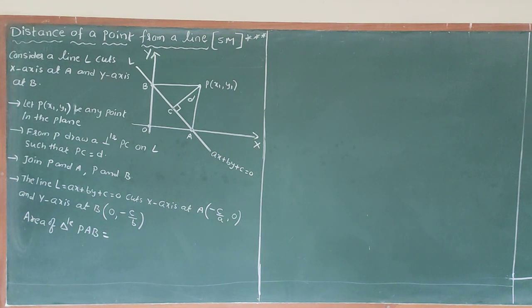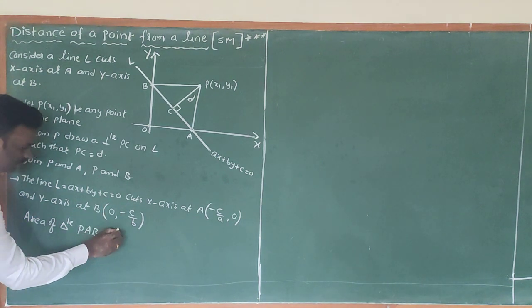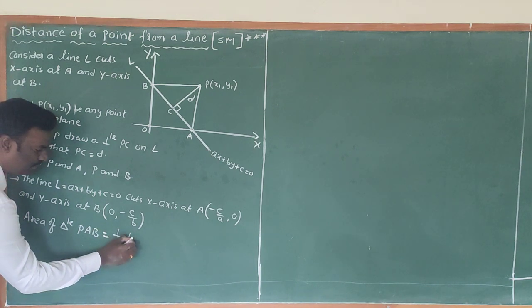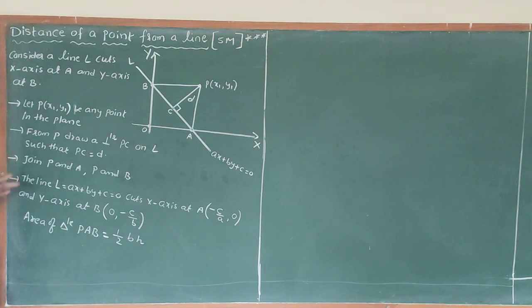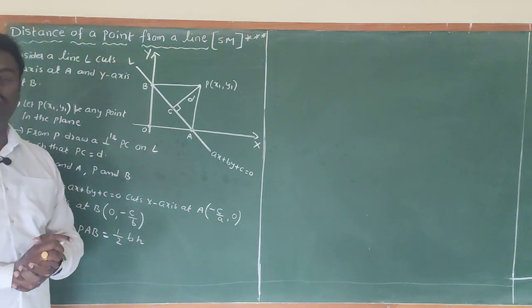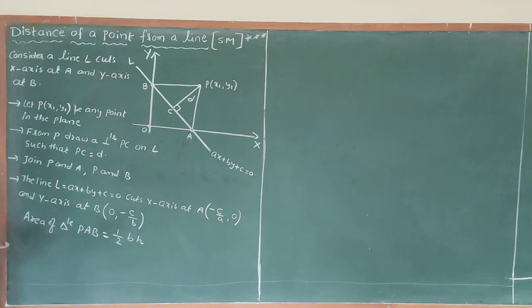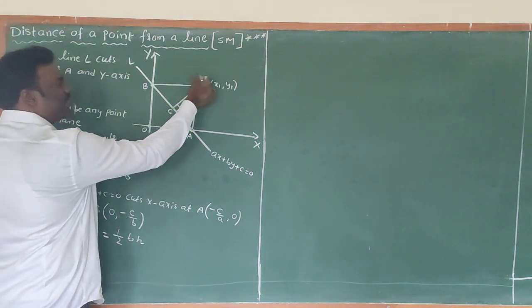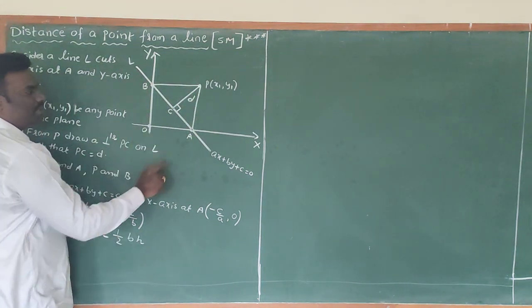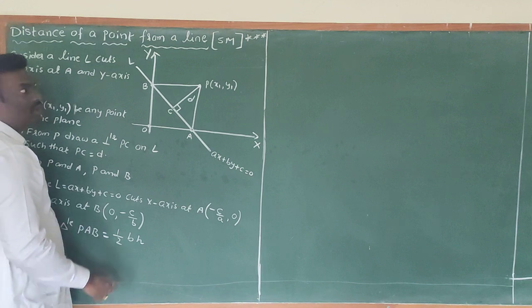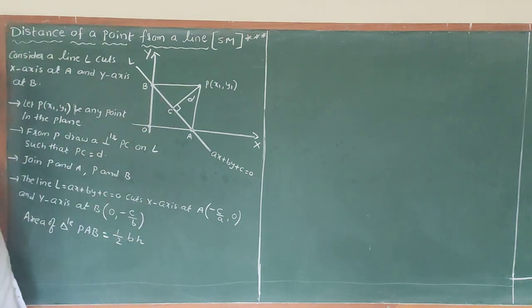What is the formula for area of triangle? Half into base into height. Already we know the formula for area of triangle, half into base into height. For this triangle, what is the base? AB. What is the height? PC.